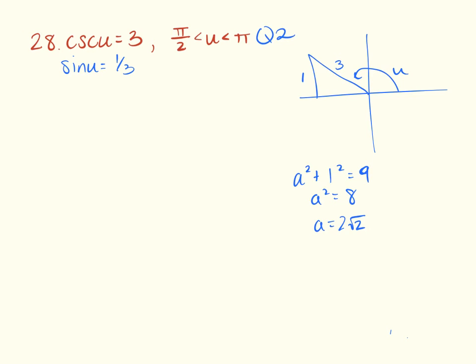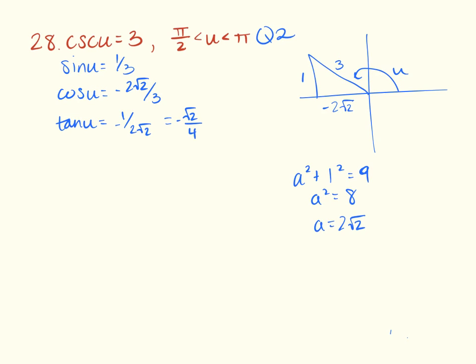And since we're in quadrant 2, my x value must be negative. So we've got negative 2 root 2 there. Okay, so that tells me that cosine of u is negative 2 root 2 over 3. And tangent of u is equal to negative 1 over 2 root 2, or if you want to rationalize, that'll be negative root 2 over 4.